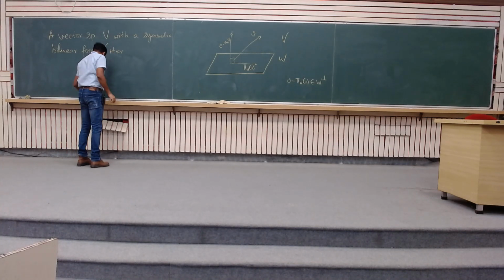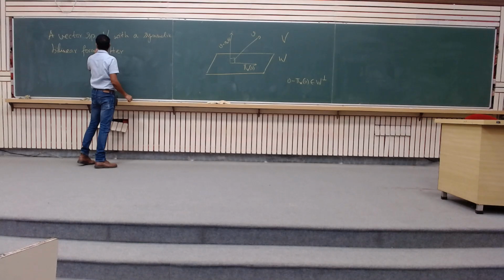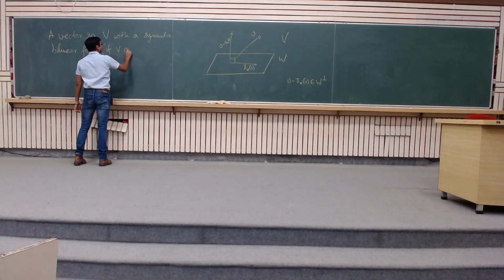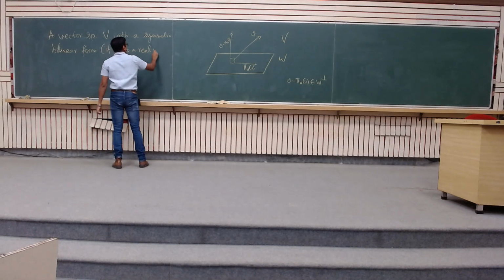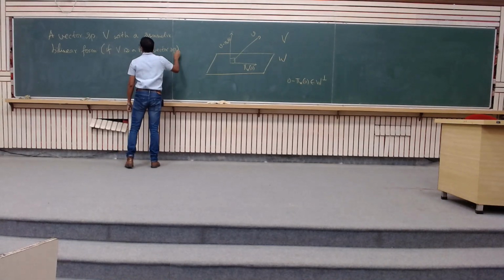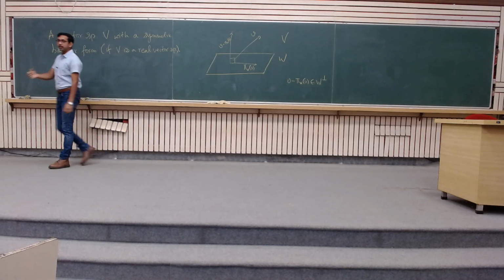Symmetric bilinear form in case V is a real vector space. We are taking the vector space V over either reals or complex numbers.